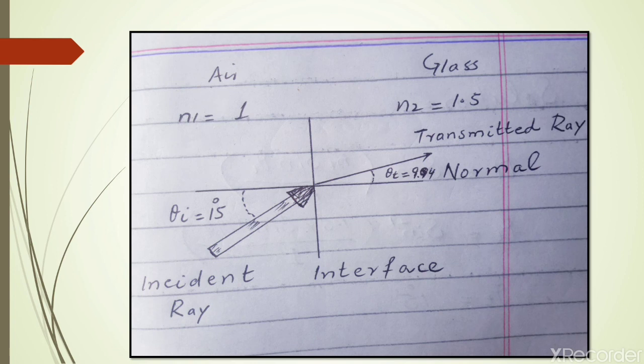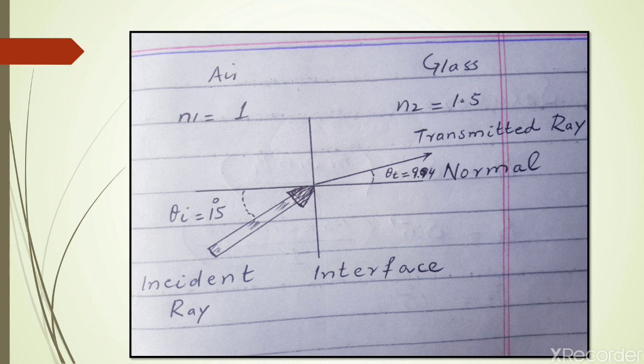This scenario is shown in this figure. On the left hand side of the interface, the medium is air, the refractive index of the medium is 1, while on the right hand side of the interface, the medium is glass and the refractive index of the medium is 1.5.